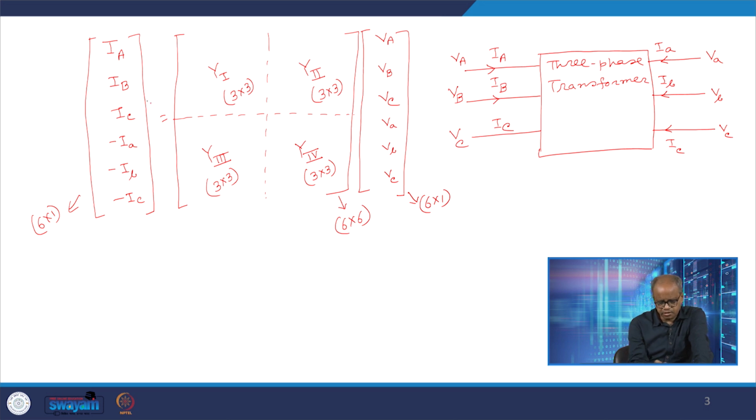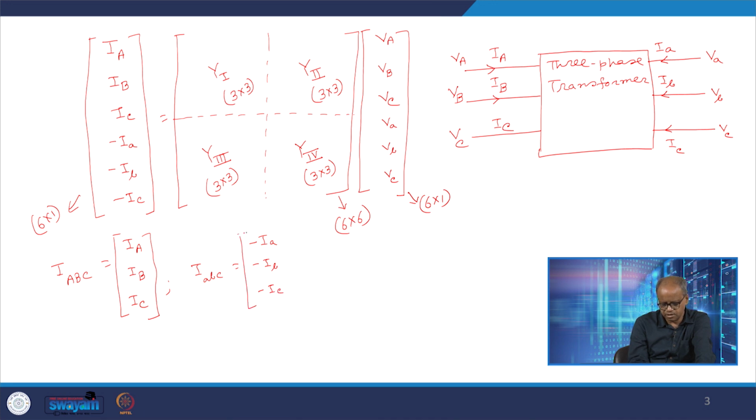But before that, some notation. We define certain vectors. The I A B C vector I define as IA, IB, IC, and I also define the vector I small abc as, let us say, minus IA, minus IB, minus IC.